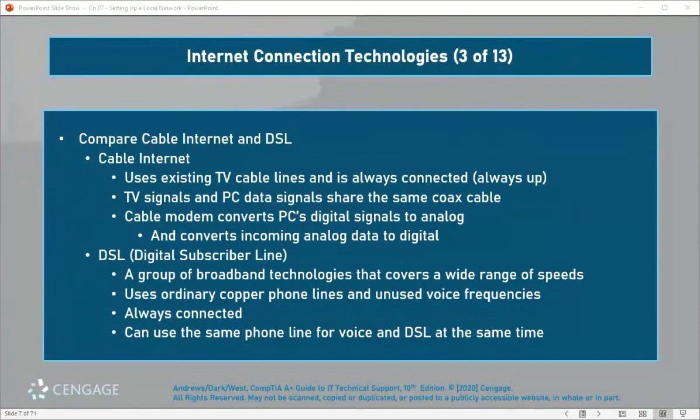If you don't have a box, you're either using what's called over-the-air digital signal coming through an antenna, or maybe you have a smart card that is built directly into your television that interprets those signals. But in any event, you still have to have some kind of intercession between your device and that ISP, that service provider.